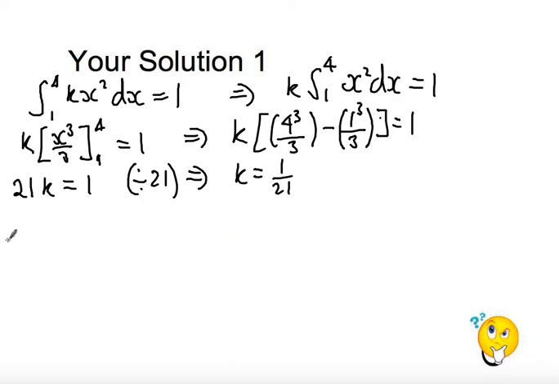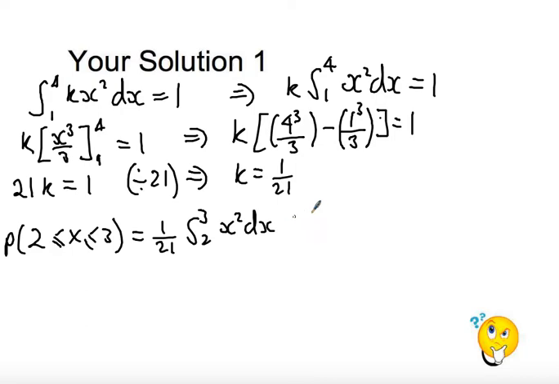Okay, now let's find the probability X lies between 2 and 3. Remember what we're going to do, we're going to integrate our function between 2 and 3, so I get 1 over 21, integral between 2 and 3, x squared dx. We've seen that this integrates to x cubed over 3 already, so it's just a case of evaluating that between 2 and 3.